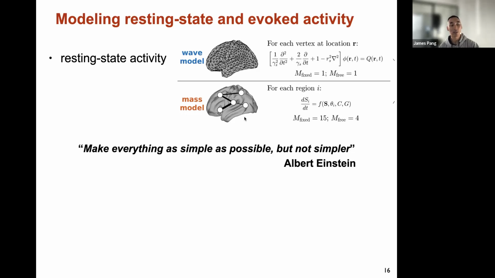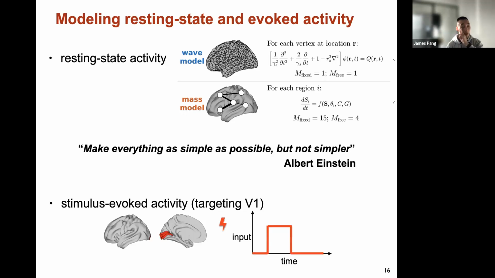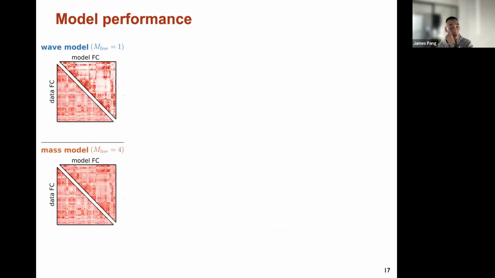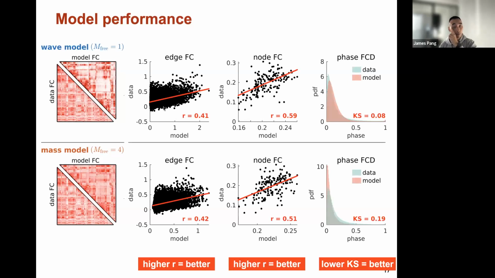And we simulated resting state activity and stimulus-evoked activity. What we found is that across different metrics that people use in model-data comparison, the wave model, even though it's really, really simple, performs just as well or even better than the highly sophisticated neural mass model.